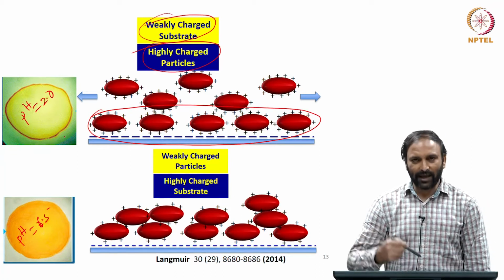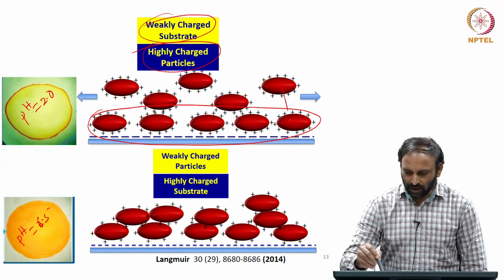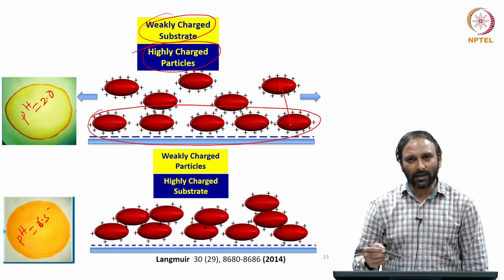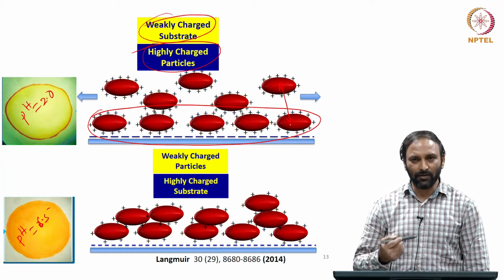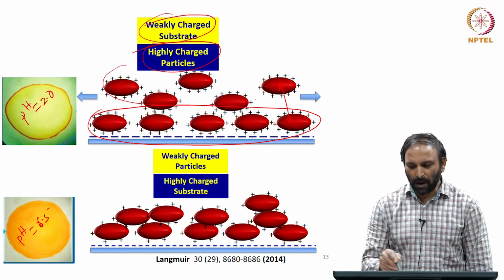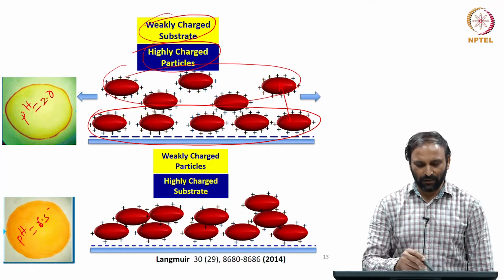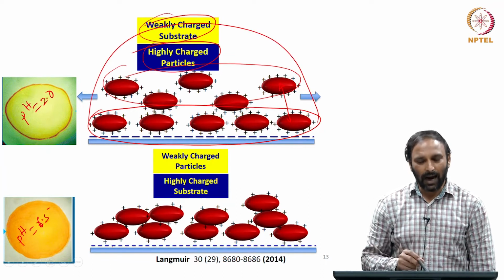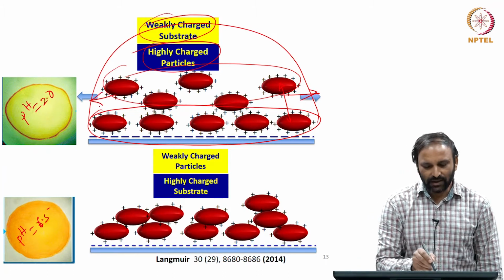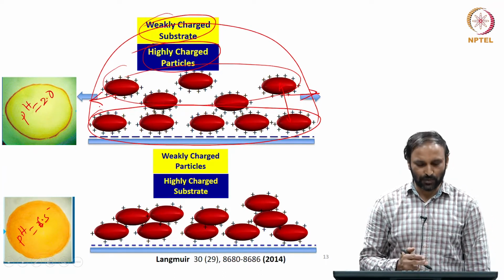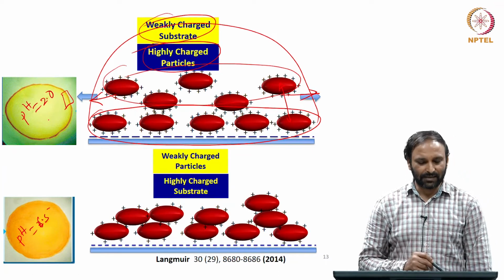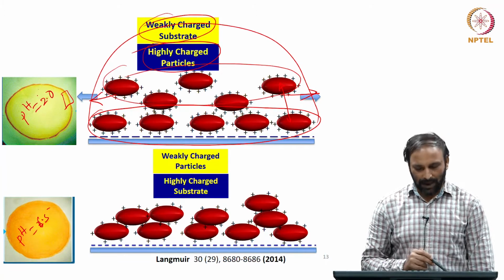However, once a layer gets deposited, there is a repulsion between the particles in the fluid and the particles that are already deposited on the substrate. Therefore, there are a lot of free particles in the drying drop, and these free particles are carried to the edge because of the capillary flow that we saw in the previous video, and that leads to the deposition of particles at the edge, giving such a pattern.